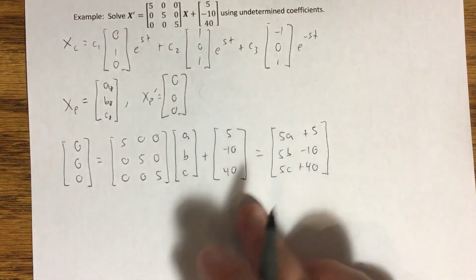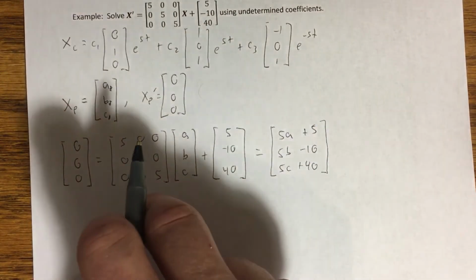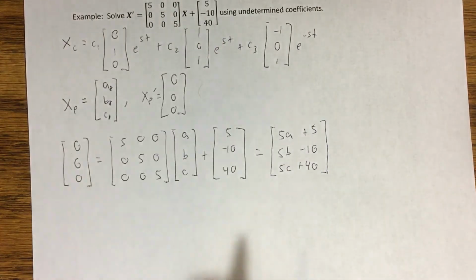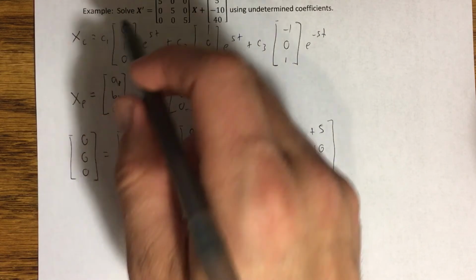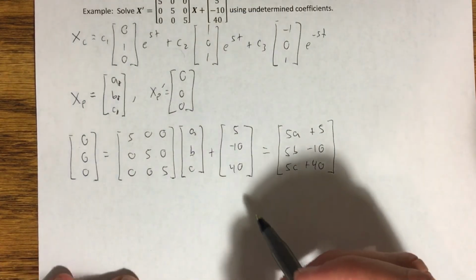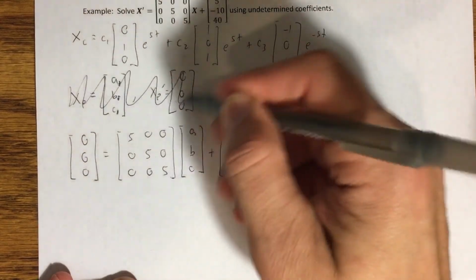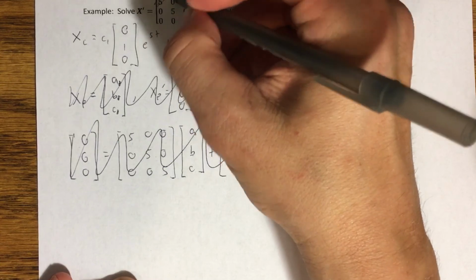Oh, you know what? I'm realizing that there's a mistake made here. I think I had written these entries incorrectly. We need to make a little correction here. I believe I typed this incorrectly.